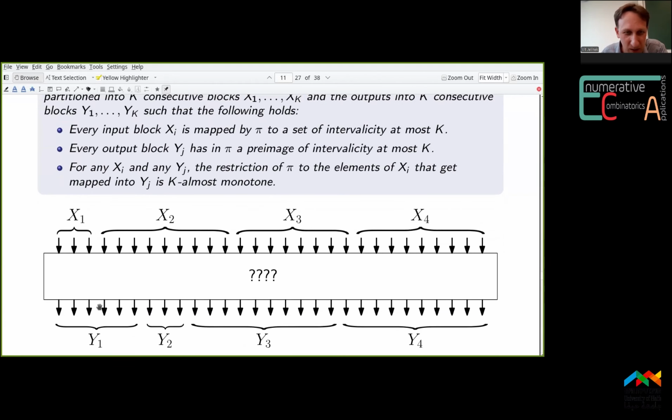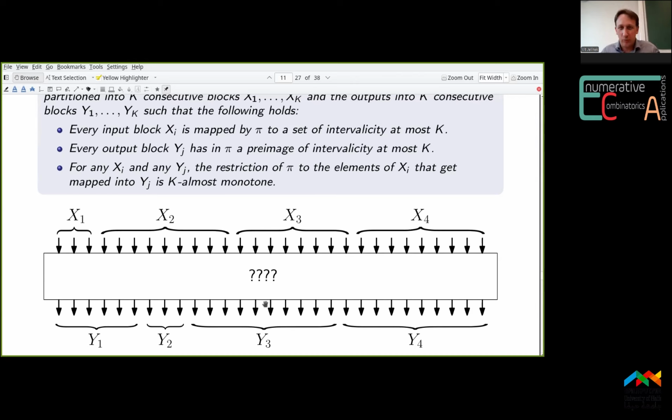Okay, so these are the properties of the partition. Every input block is mapped to at most k consecutive blocks in the output. Every output block has a pre-image of at most k consecutive blocks in the input. And moreover, if you pick any input block xi and any output block yj, and you look at all the elements that are mapped from xi into yj, these will form a k almost monotone subpermutation.